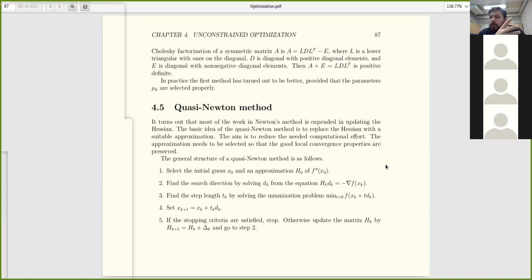So we try to avoid calculating the second derivatives, but we want to have something that gives us some kind of approximation.